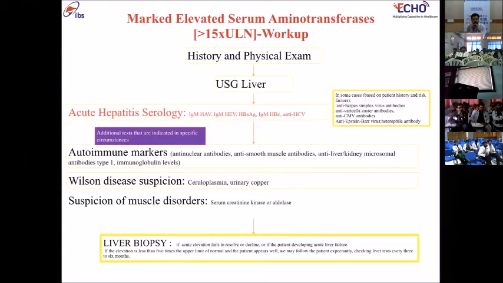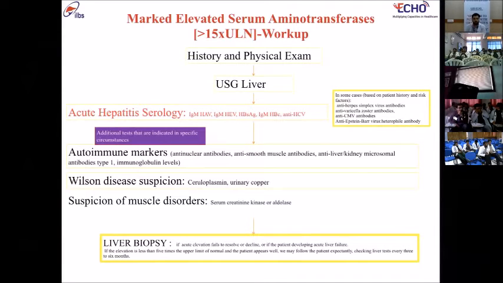And then if the initial tests are negative, go for the autoimmune markers, which are usually anti-nuclear, anti-smooth muscle, anti-liver kidney microsome, and the serum immunoglobulin G level. If the patient is suspected of Wilson disease, then look for ceruloplasmin and 24-hour urinary copper. If the patient has features of metabolic liver disease, or if the suspicion is of muscle disease, then look for the serum aldolase level and the creatine kinase level.